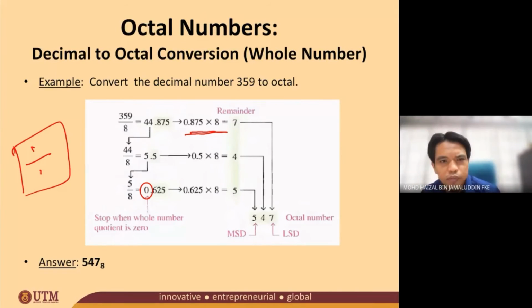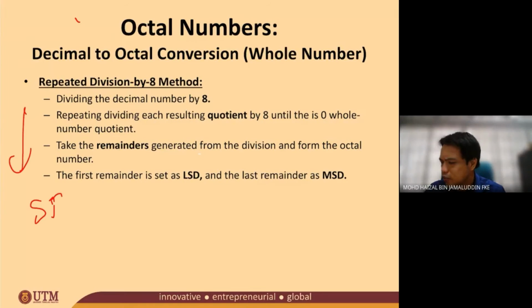Okay, let's see an example. Normally you only understand when we see the example. We have the steps here, but of course it is much more understandable if you see the example. Okay, let's say we want to change 359 decimal to octal.